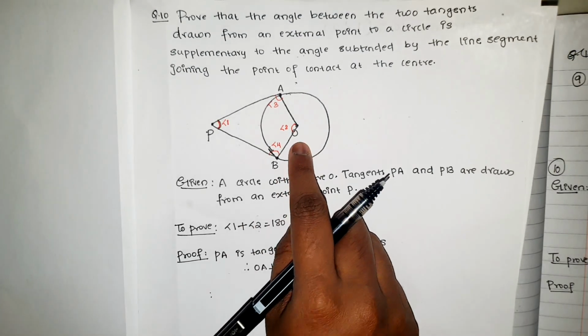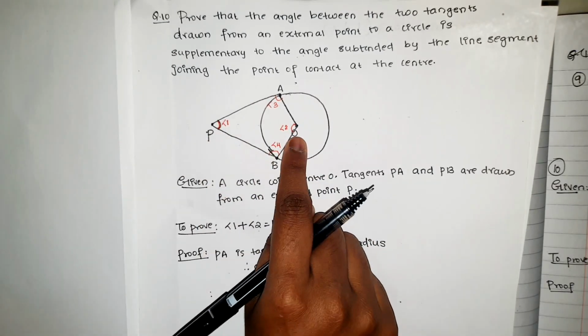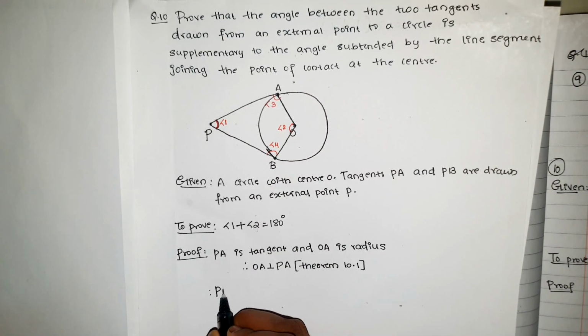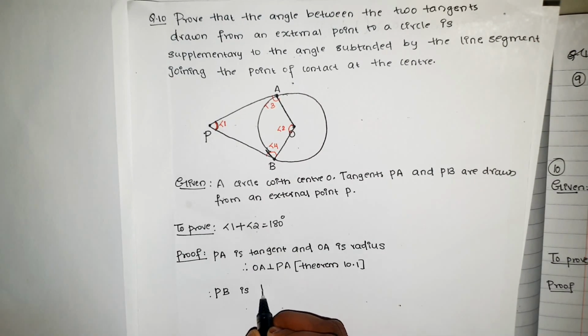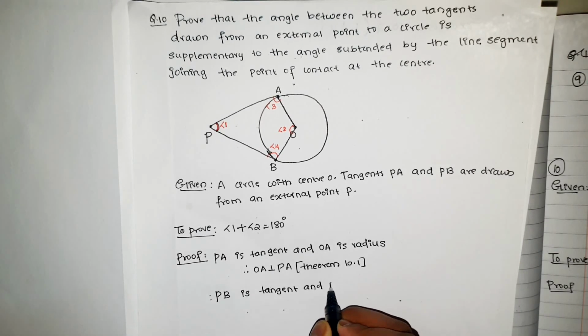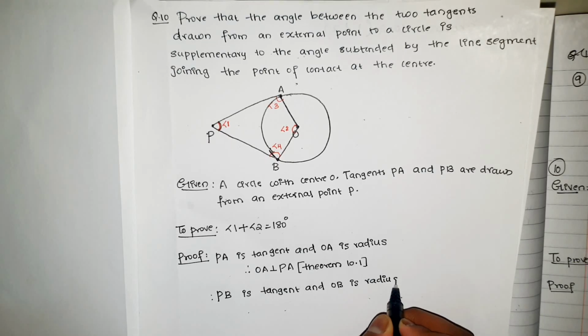Similarly, here PB is a tangent and OB is the radius.